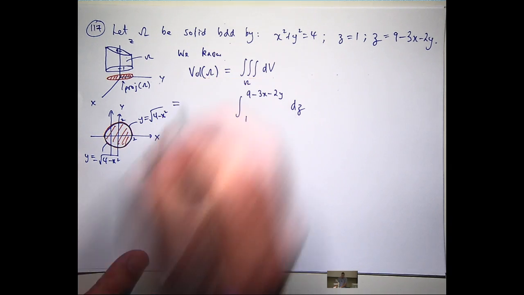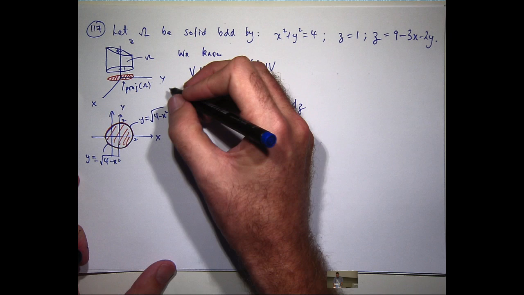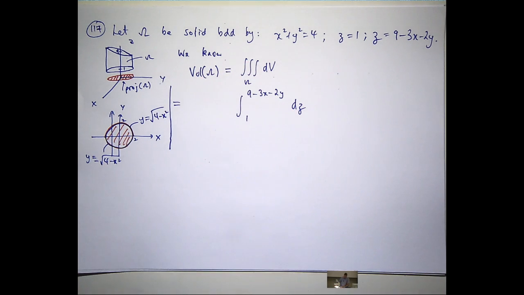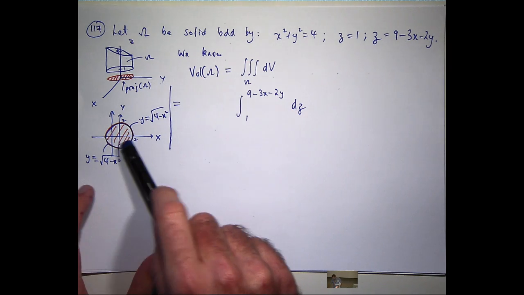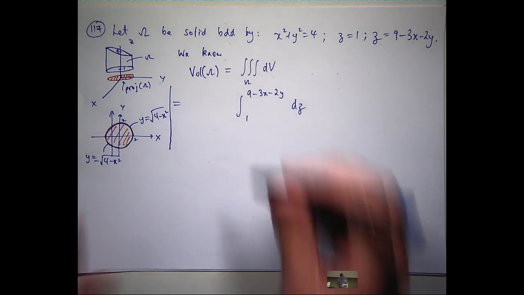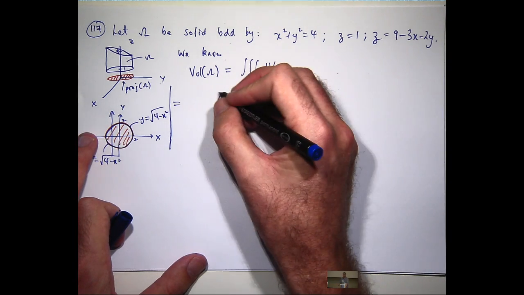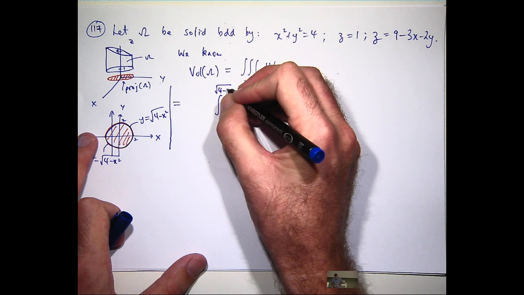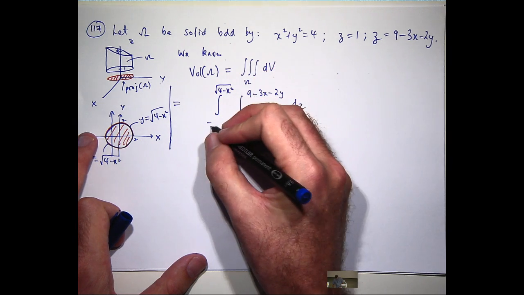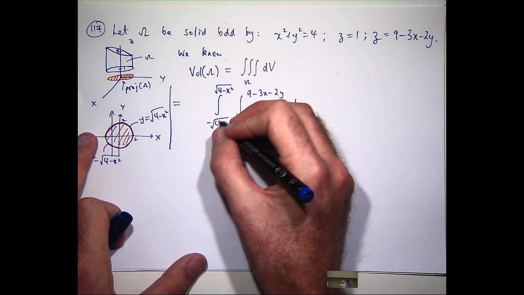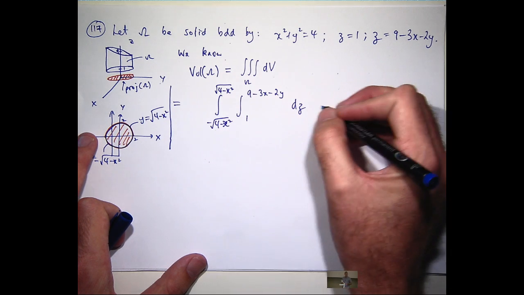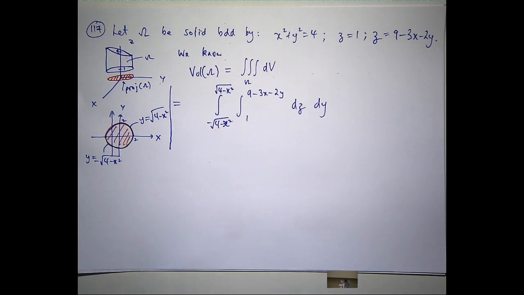Okay? So if I wanted to put two functions that bound y, well, the top one would be root 4 minus x squared, and the bottom one would be minus root 4 minus x squared, dy. What about the x bounds?